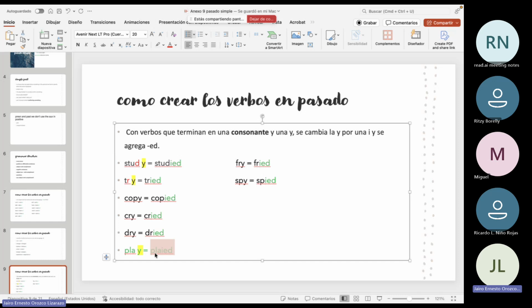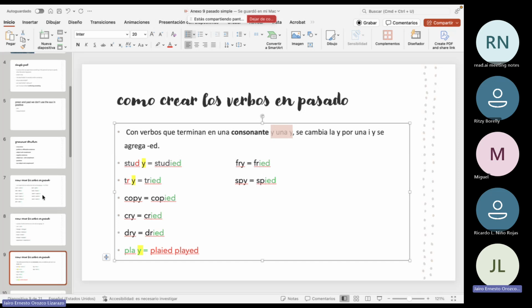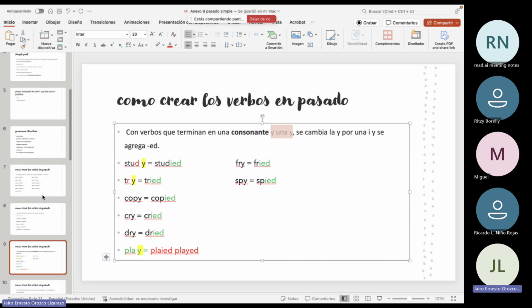That is wrong. We don't say that. Instead, we say played, right? Why? Because it ends with a Y, and before the Y, we have a vowel. And it's not like this, a consonant before the Y, right? So we create the verbs like this in past simple.